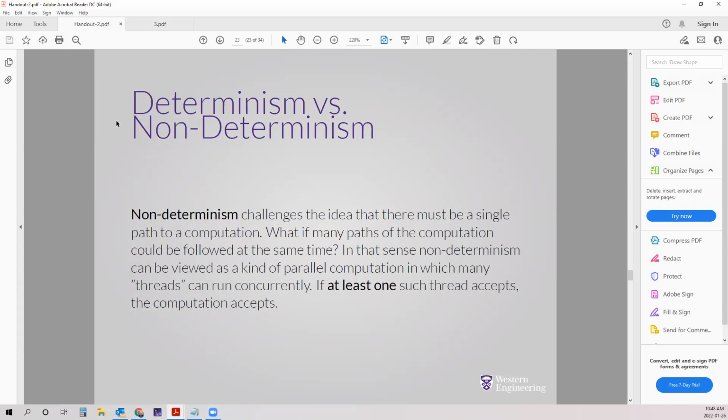Non-determinism is challenging. How? The idea that there must be a single path to a computation: what if many paths of computation could be followed at the same time? I can go here or there, or here and there, and they go in parallel.